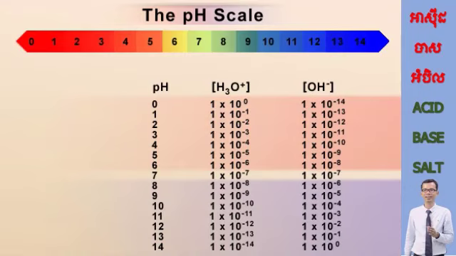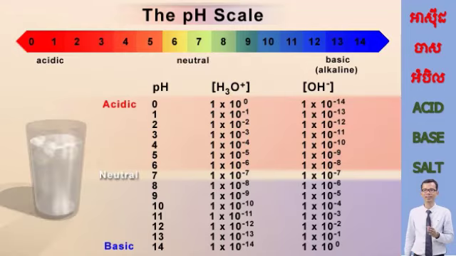All compounds and solutions can be classified as either acidic, basic, or neutral. pH values below 7 indicate a solution is acidic. pH values above 7 indicate a basic solution. Any substance with a pH of exactly 7, such as pure water, is neutral, being neither an acid nor a base.